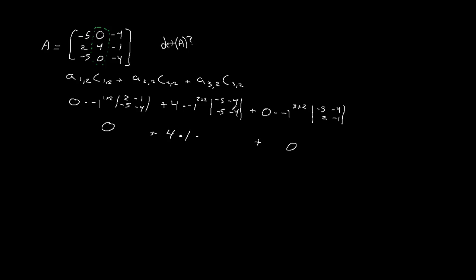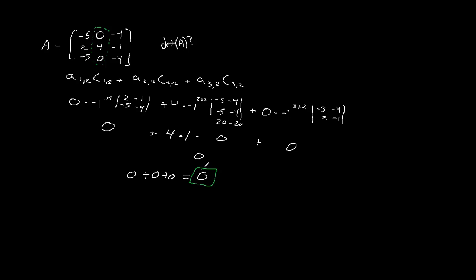So that's -5 times -4 is 20, minus -5 times -4 is 20. So that's 20 minus 20, or 0. So that's also going to be 0. So 0 plus 0 plus 0 gives us 0. Alright, so the determinant of this matrix is 0.